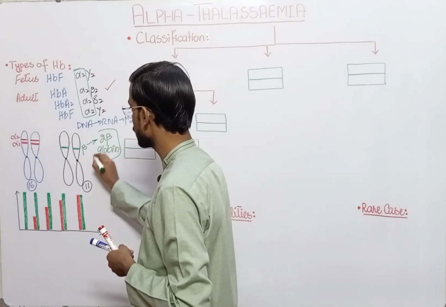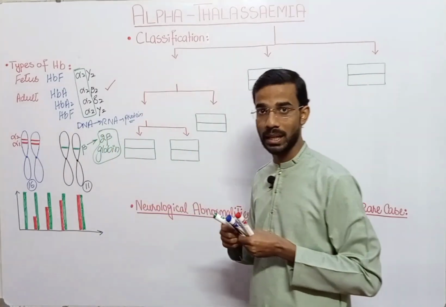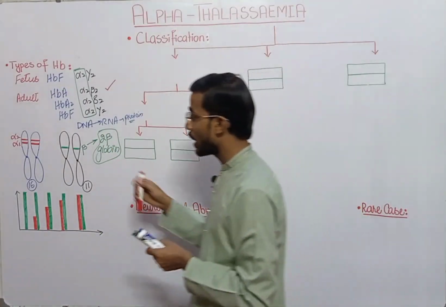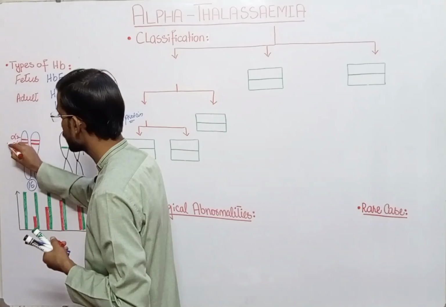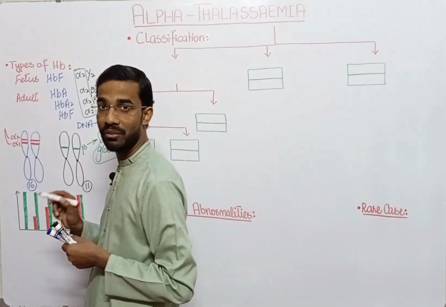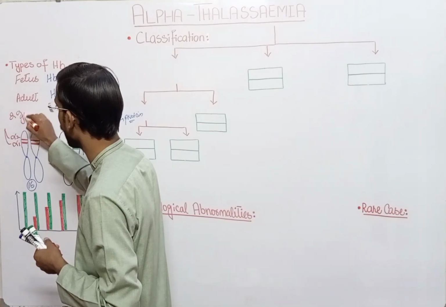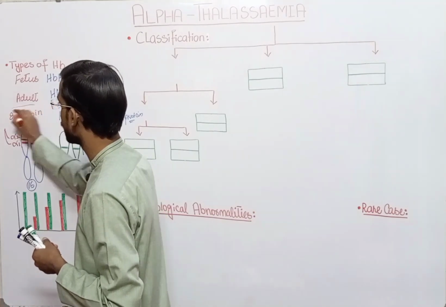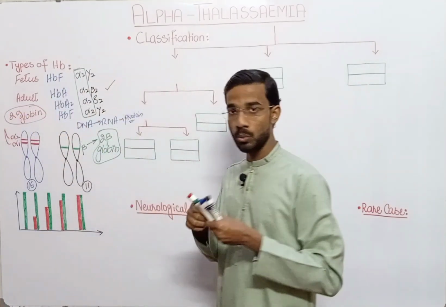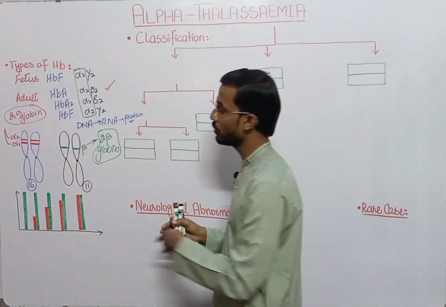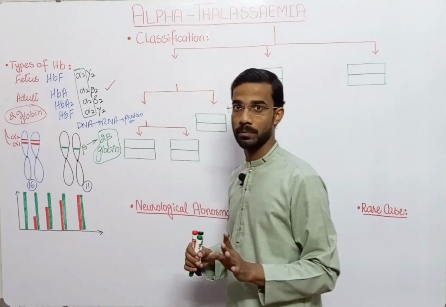Keep in mind that the beta genes produce 2 beta globin chains, and the alpha genes are involved in the formation of 2 alpha globin chains.